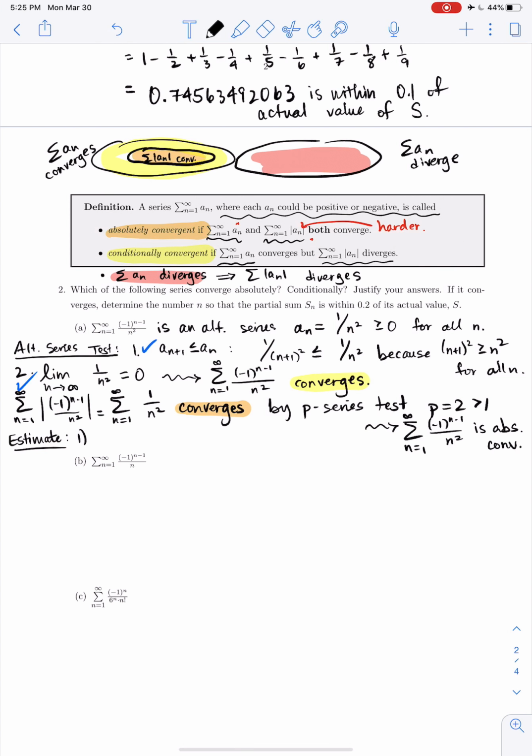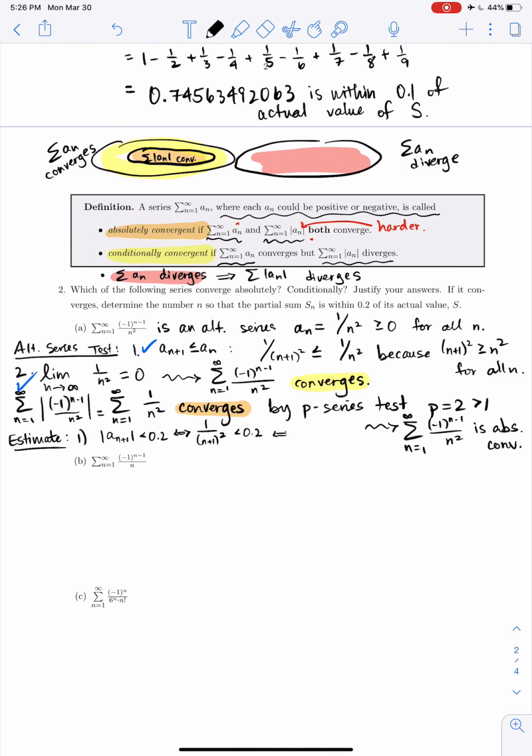So we want our error bound from our theorem, a sub n plus 1, to be smaller than 0.2. Well, a sub n plus 1 is 1 over n plus 1 squared, and we need that to be less than 0.2.